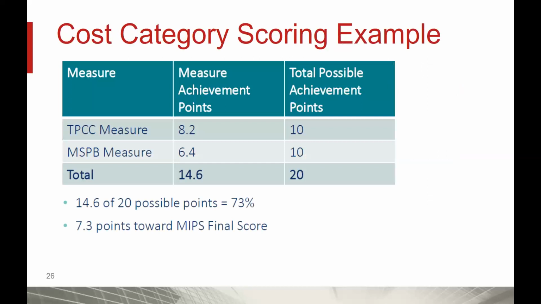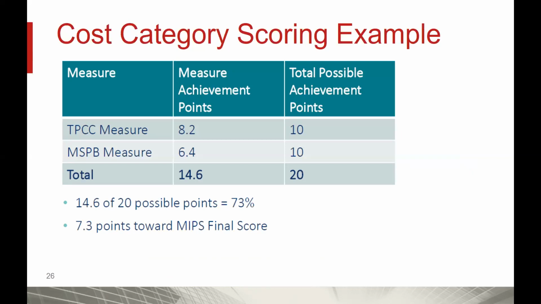So this slide walks through another example of how this might work, and for purposes of this slide, we're going to assume that you meet the minimum case thresholds for both TPCC and MSPB. So as you can see, each cost measure is worth 10 total possible achievement points. This particular clinician earned 8.2 for TPCC and earned 6.4 points for MSPB based on their claims data.